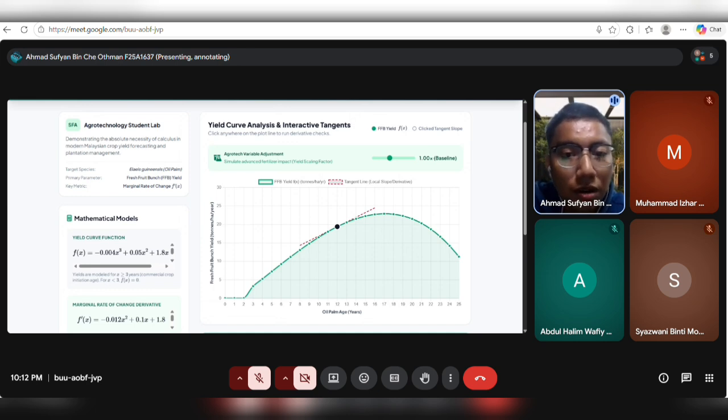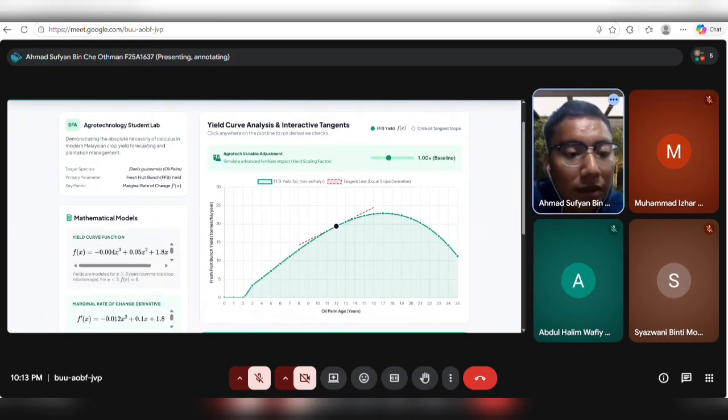Additionally, as the trees grow past 15 to 18 years, they can exceed heights of 12 meters, making manual harvesting highly challenging, hazardous, and economically inefficient. The biological problem is predicting this exact point of diminishing returns to plan timely intervention.